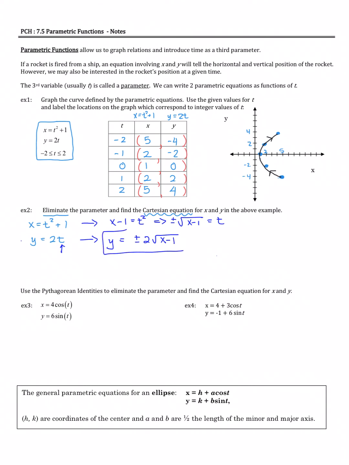There is our equation. Now notice that that graph is not a function. It doesn't pass the vertical line test. If I was going to graph it on my grapher, I would need two different equations. This top portion would be your y1, and this bottom portion would be negative 2 square root of x minus 1.